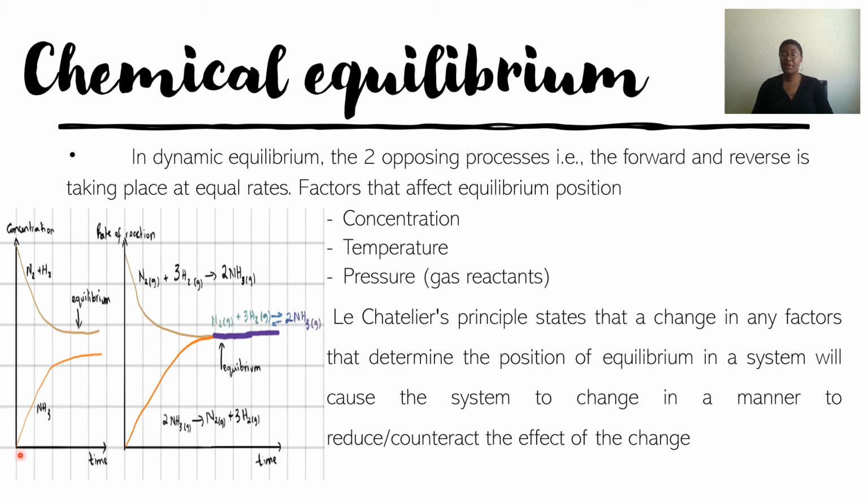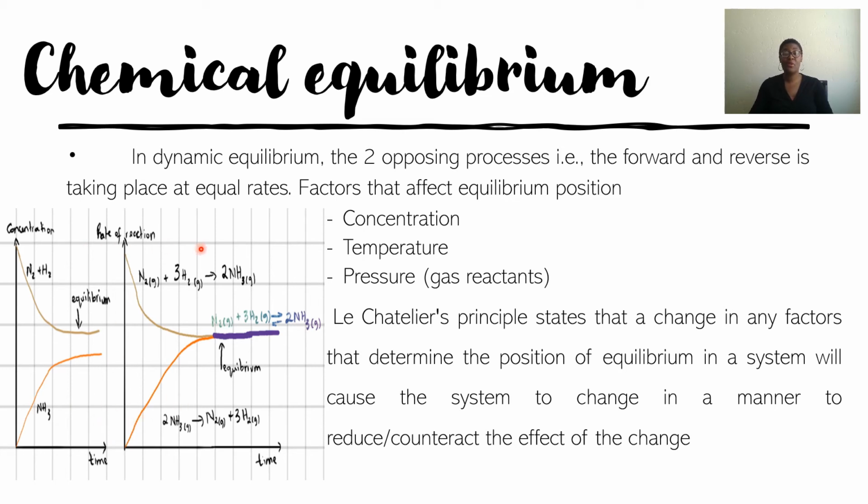And the concentration of your products starts at the very smallest value, the lowest value, and then climbs all the way up to equilibrium, where it becomes constant. So you have to remember this graph, and this was in your notes. Please make sure that you do, especially now when I was marking your preliminaries, no one got this right. But it is there. You have to remember what has been given to you.